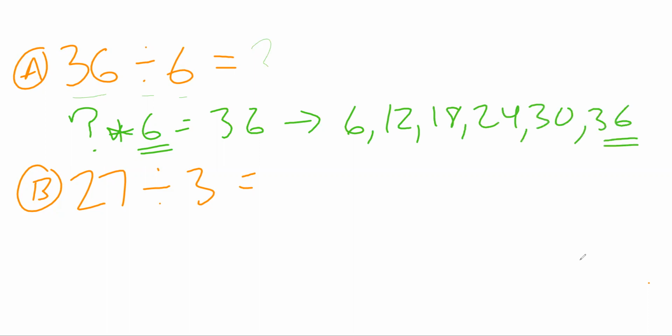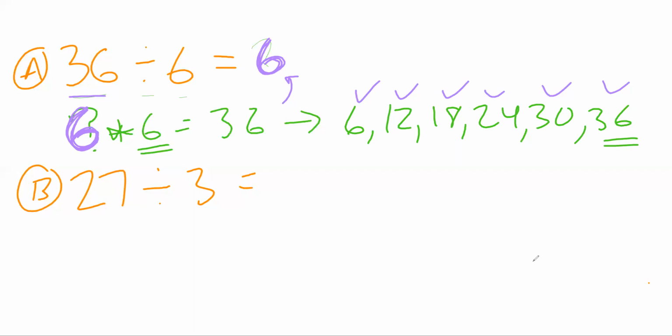Okay, so how many times did I have to do that? I did 1, 2, 3, 4, 5, 6 times. So that tells me that 6 times 6 equals 36. Therefore, according to the fact family, 36 divided by 6 also equals 6. So there would be the answer to A.